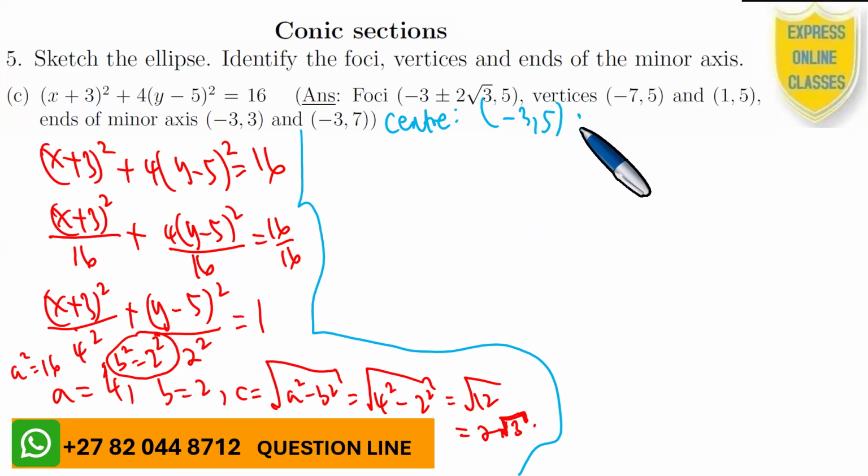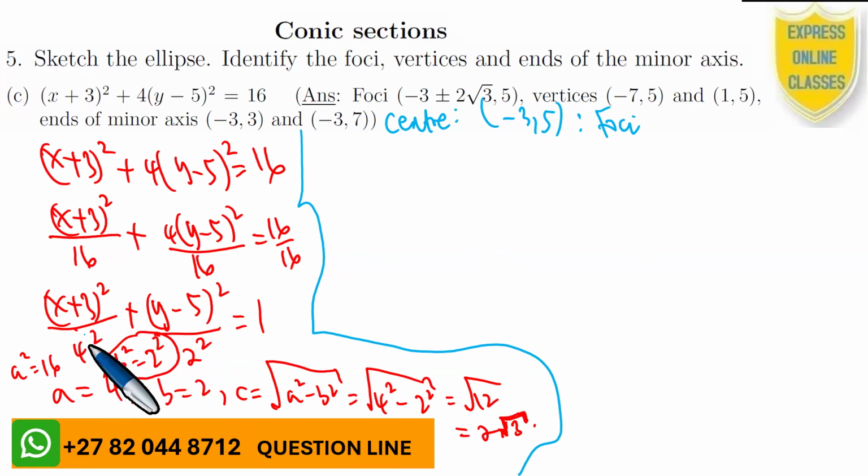Then, after you've got the center, you can get the foci because we've already got the c. But for us to get the foci, we must first be able to tell which one is the major axis. The major axis is the biggest one.